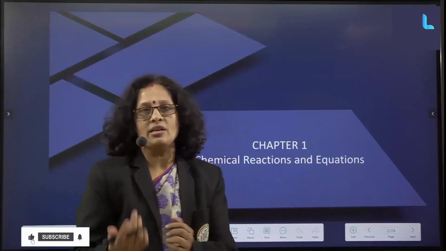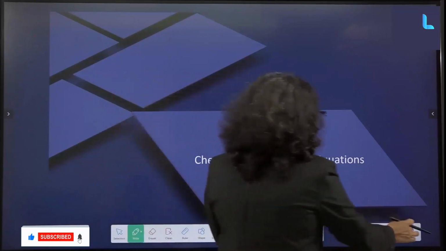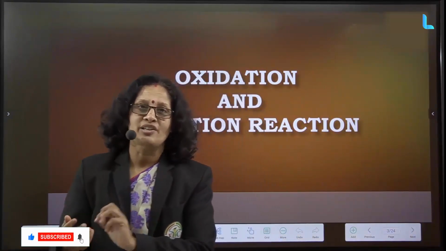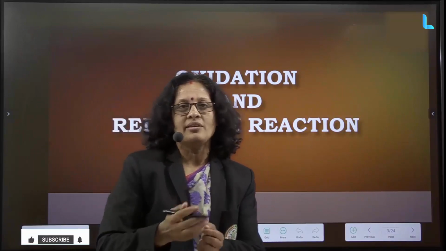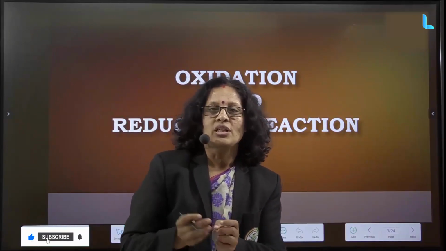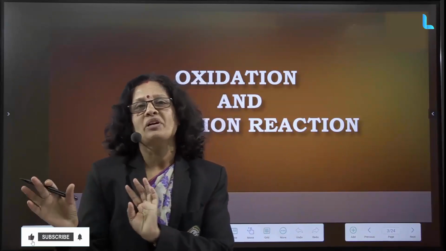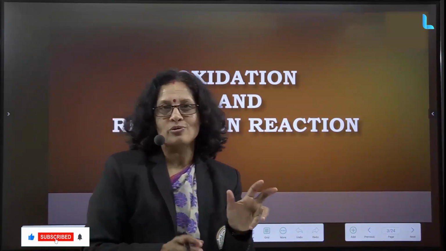We discussed previously some reactions like chemical combination, where two or more components combine to give a single product, like a simple addition in maths. In a similar way, that is called chemical combination. Decomposition reaction, where the reactant is one and there will be multiple products, that is called decomposition.